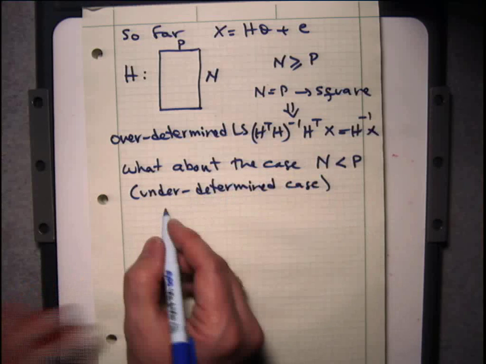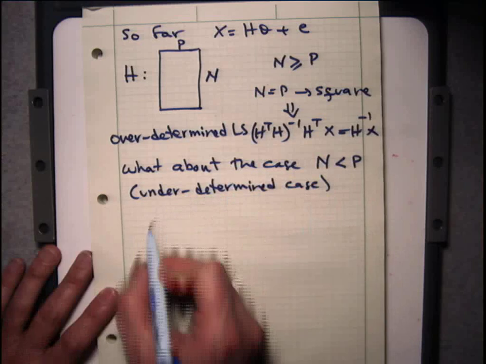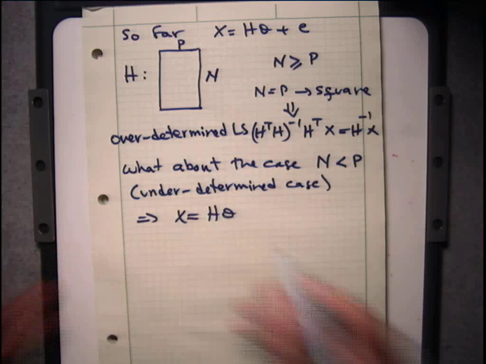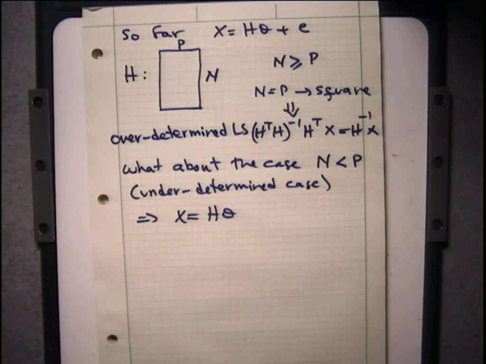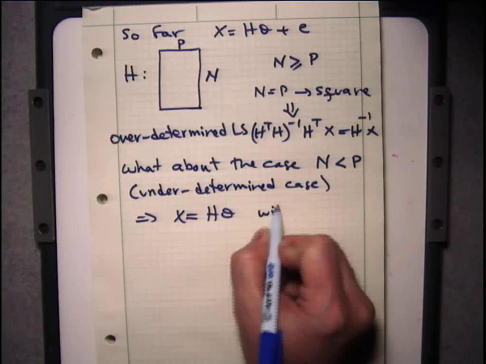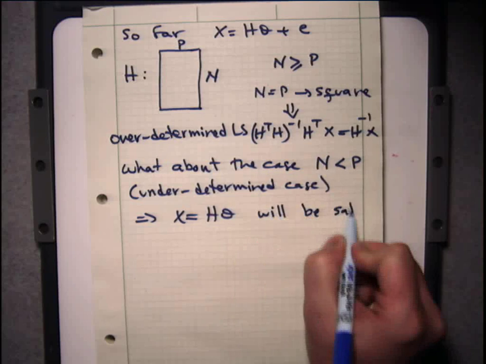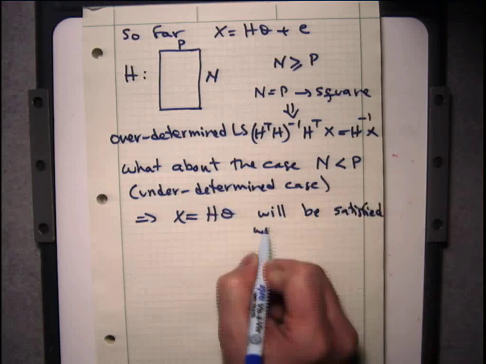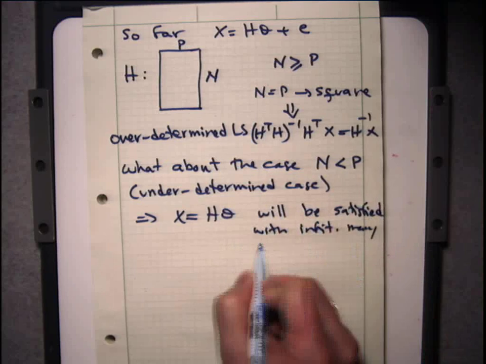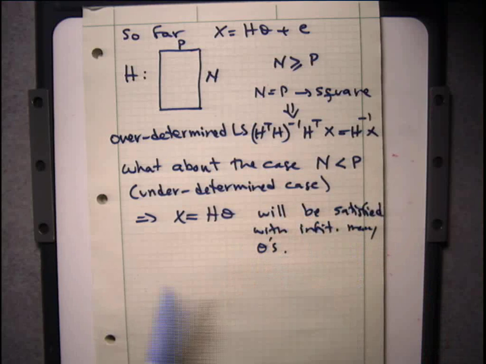If you have fewer equations than unknowns, then x = Hθ can in fact be exactly satisfied with infinitely many thetas, because there's a whole space of thetas that will make this exactly true. So you can't use the formulation that we just used.